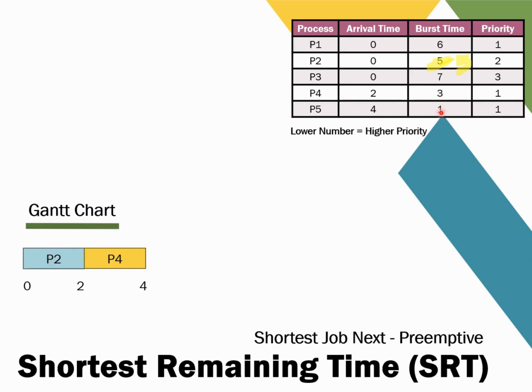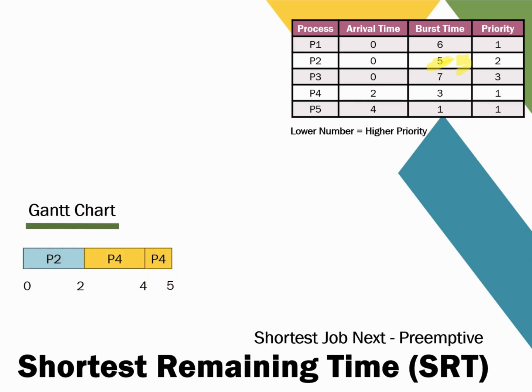So we have the same burst time needed here, P4 and P5. The priorities are also the same. So when the priorities are the same, the current process continues running. So P4 is still running until 5.